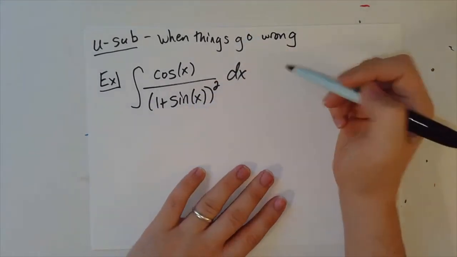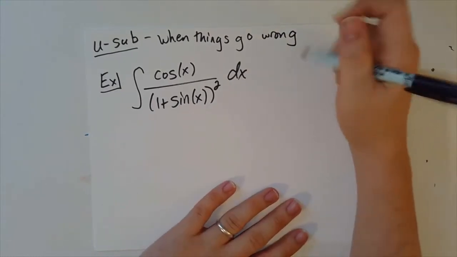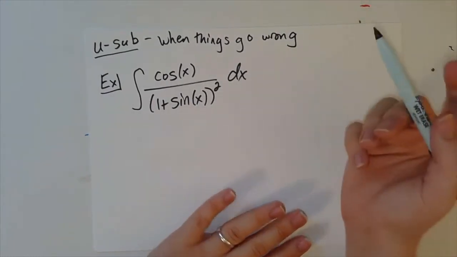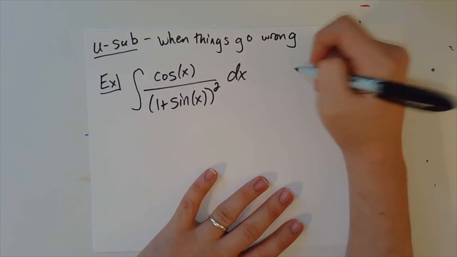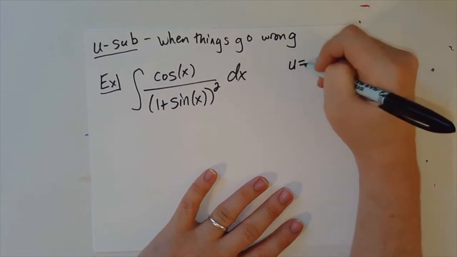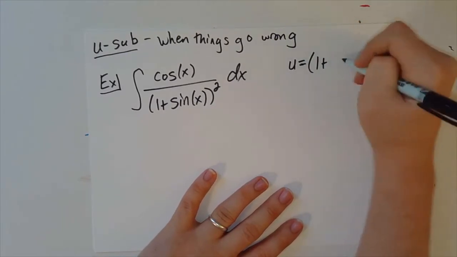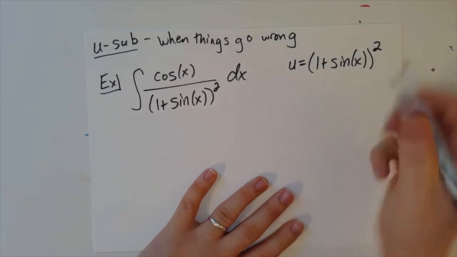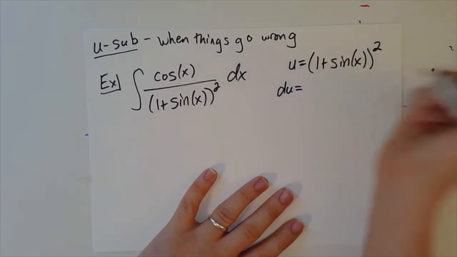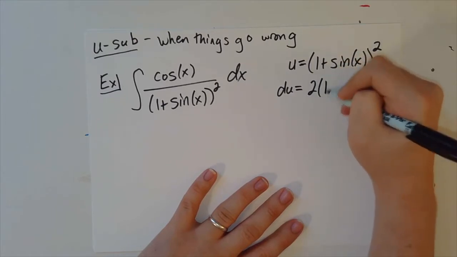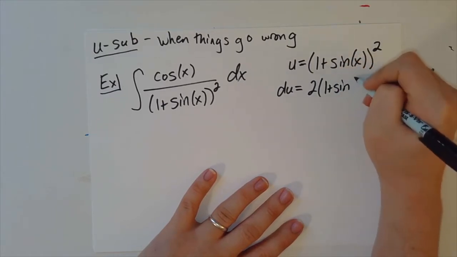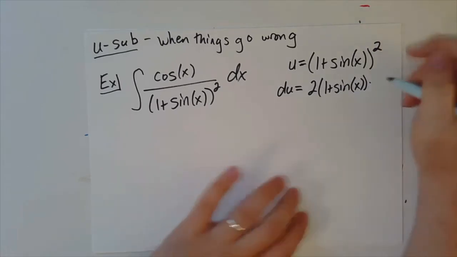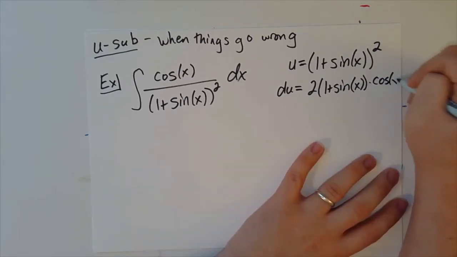One thing that you might try, for example, is that you might say, well, in the last video, Tommy said if there's a fraction, you might try u to be the denominator. And so you might try u to be 1 plus sine of x all squared, in which case du is 2 times 1 plus the sine of x times the cosine of x.